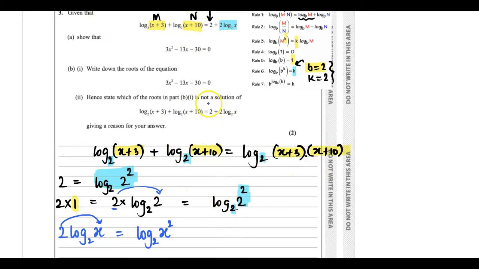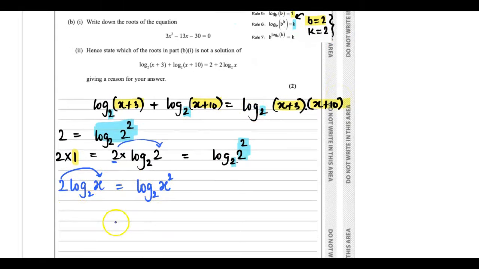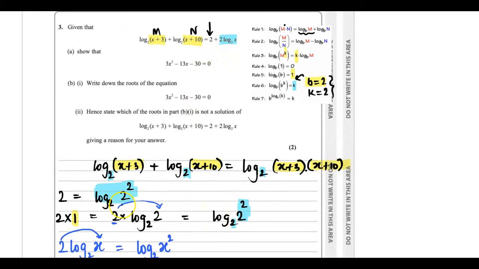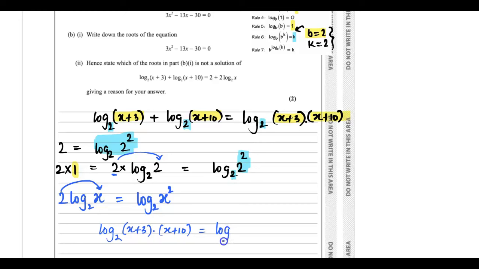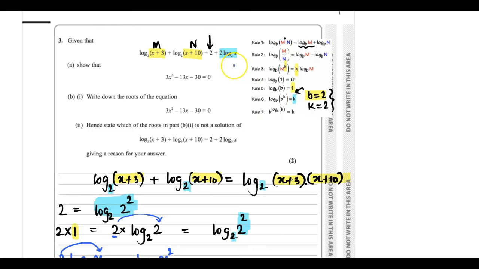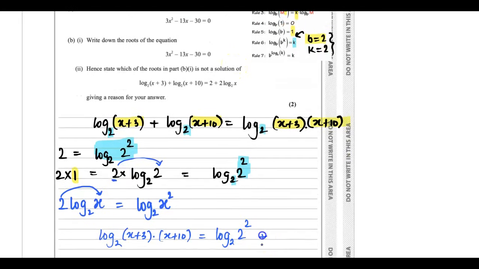Now let's substitute. So the left hand side can be written as log x plus 3 times x plus 10 base 2. That is going to be equal to, I'm replacing 2 by log 2 to the power 2 with the base 2, and that 2 log x base 2 is going to be replaced by this value.